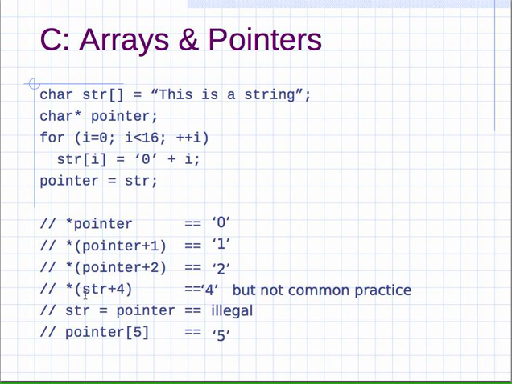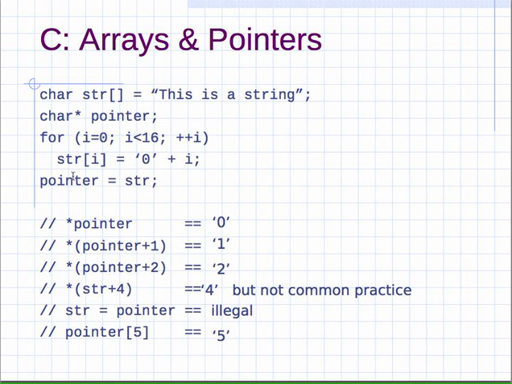So you can use str instead of pointer, but it's not common practice. Setting str equal to pointer is actually not allowed by the C compiler. This is illegal because these are two different types. str is an array of characters, and pointer is a pointer to a character.